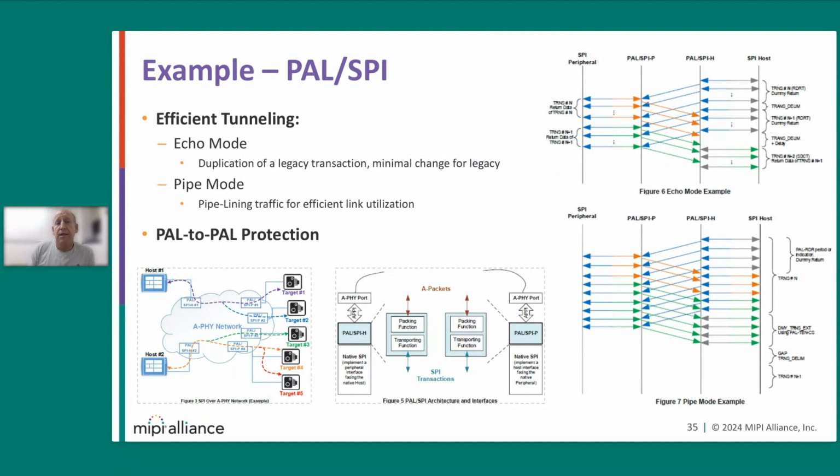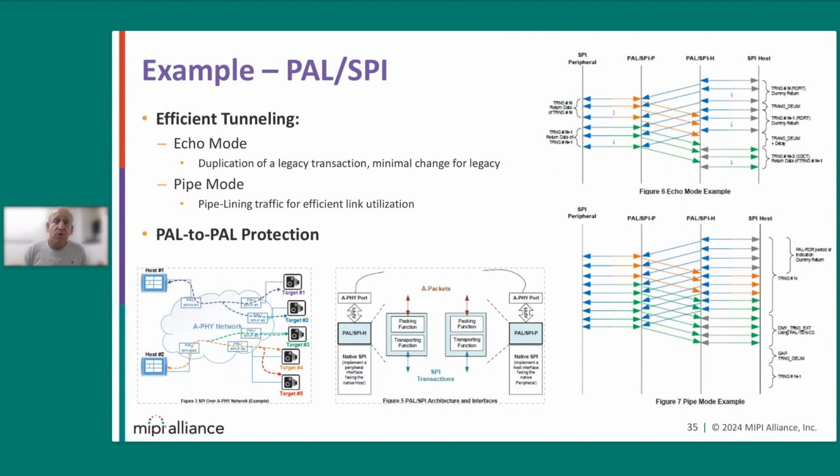So there is the echo mode, in which the transaction is exactly the same as the native transaction, but it is being transmitted 2 times. So it is double or half of the throughput is available because everything is doubled, but the transaction is not changed.